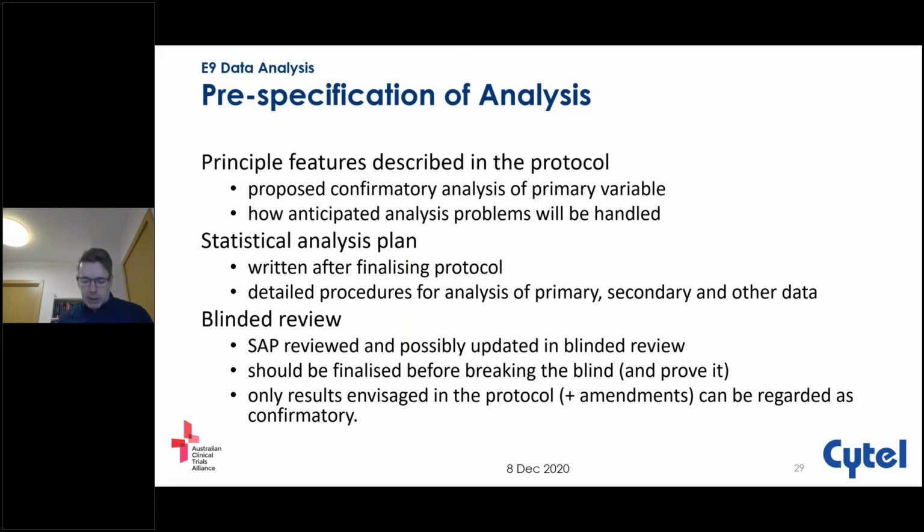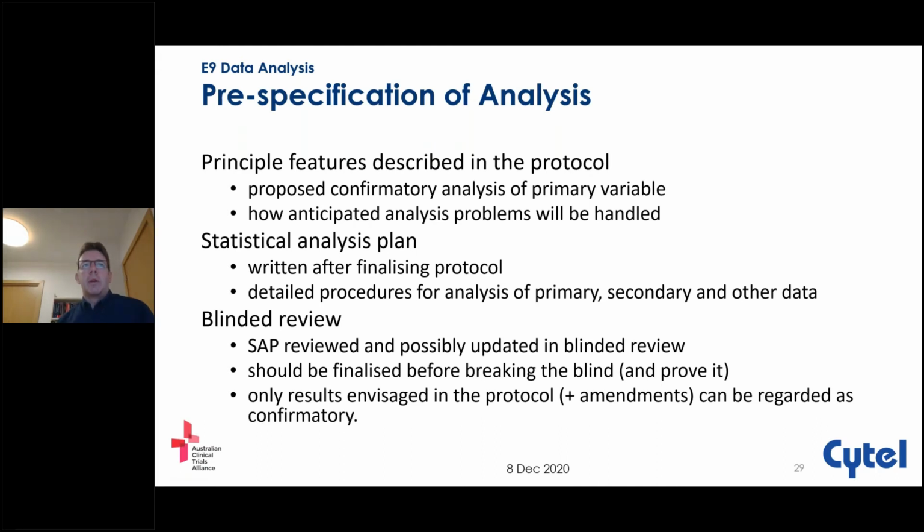Pre-specification of analysis was something that was seen for the first time in this document, and meant that the protocol now had to pre-specify the confirmatory analysis that was going to take place for the primary variable to address the primary objective. Instead of just saying appropriate statistical methods will be used, you had to say quite a lot more.